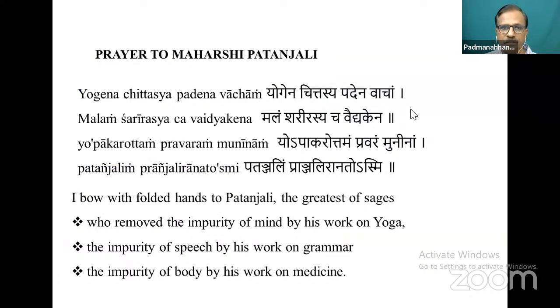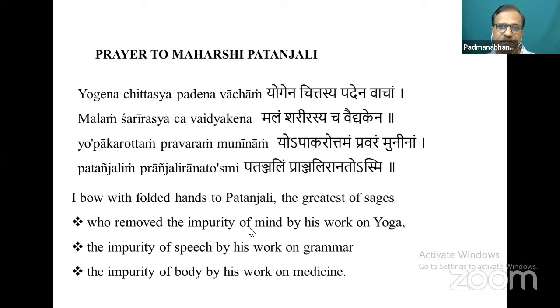This prayer, most of the people know. But sometimes UGC may ask, what are the qualities of this great sage Patanjali? There are three qualities. First one is he was a yogi, who removed the impurity of the mind by his work on yoga.